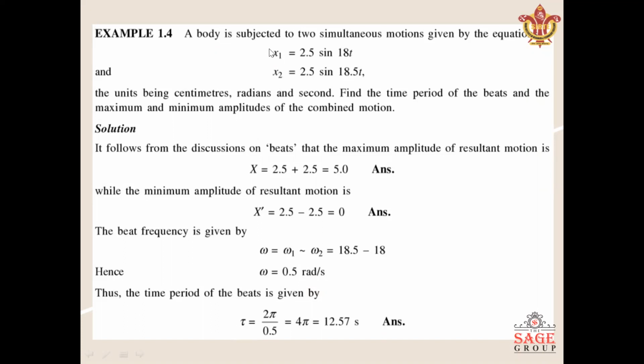If these two motions x1 and x2 are both acting on a body simultaneously, the resultant motion has a time period of 12.57 seconds. So in 12.57 seconds, the resultant of these two equations will complete one cycle. So this is all about the numerical.